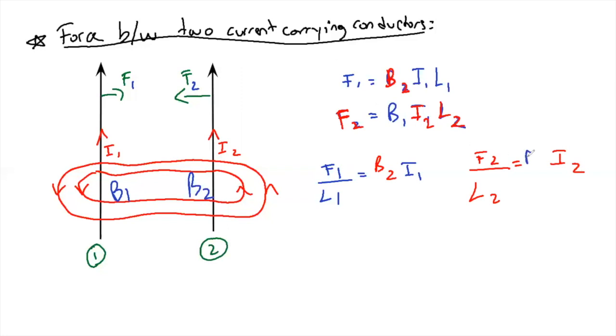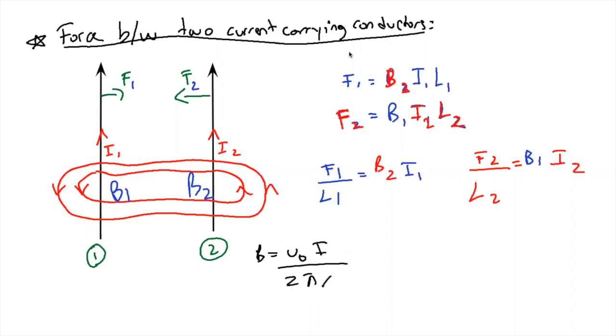B1 into I2. Now, this is where we're actually going to use something we learned in Ampere's law, the thing I taught you at the beginning, and it's going to be this. So you know that BL is equal to U naught and I, and if we rearrange this, it's going to look like this. So B is equal to U naught I divided by 2 pi r.